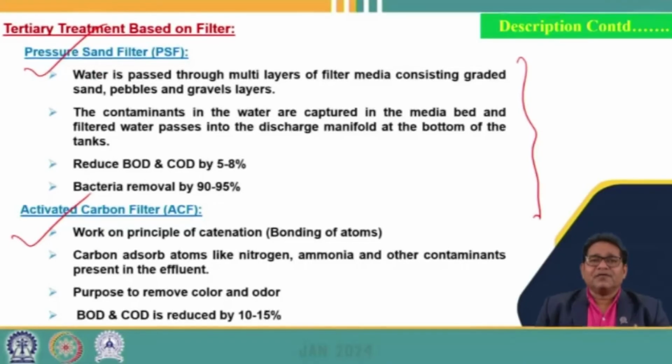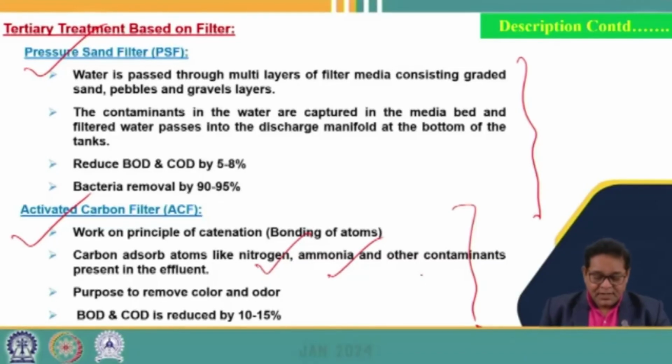So these filters are basically used to remove very fine biological, organic, or inorganic contaminants, so as to make the water free from bacteria and organic matter. Similarly, we have activated carbon, which absorbs various contaminants like nitrogen in the form of ammonia, heavy metals, and dyes, so the colors.